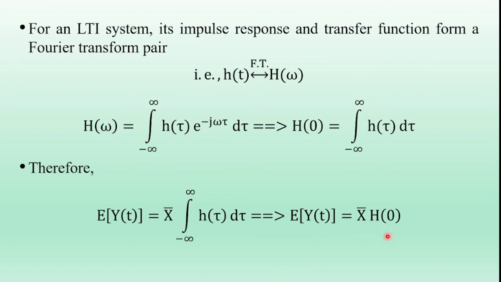From this equation we can observe that the mean value of the system response is equal to the mean value of the random process x of t times the area under the impulse response, if x of t is a wide sense stationary random process. That is, expectation of y of t is equal to expectation of x of t into H of 0. So this is the concept of the mean of the output y of t.